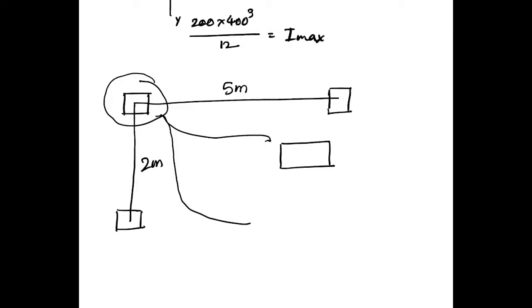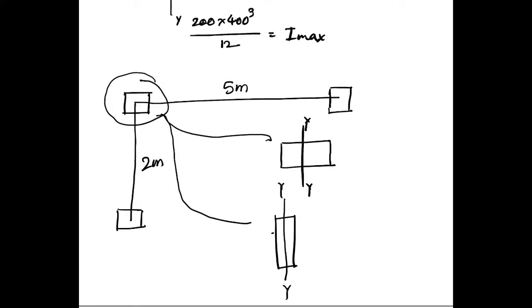then along the longer direction, along the 5 meter direction, we will have the axis of bending along y. And if we orient this column like this, then the axis of bending along y will be like this, and here it will be like this.